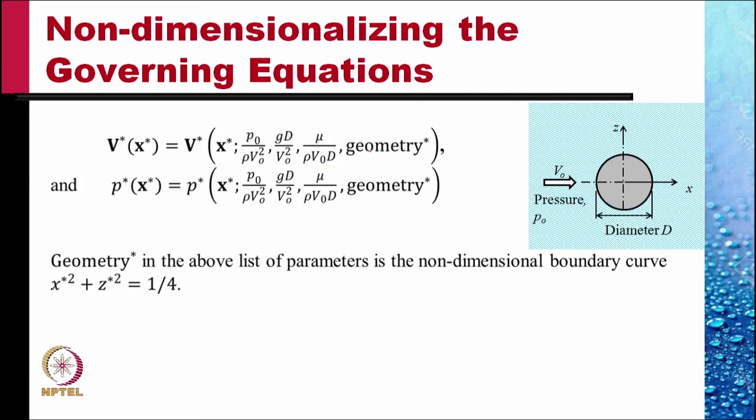The non-dimensional velocity V star as a function of x star depends upon x star, the location, and these 3 groups of independent parameters. The geometry in the above list of parameters is the non-dimensional boundary curve x star square plus z star square is equal to 1 by 4, the equation of the circular surface of the cylinder.